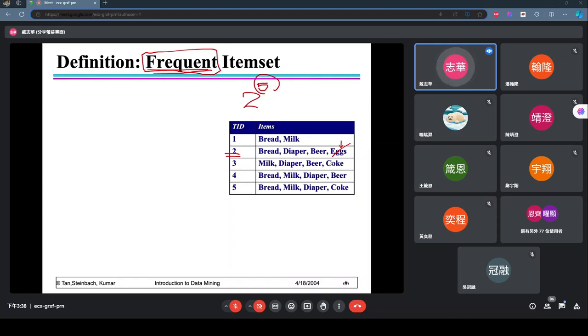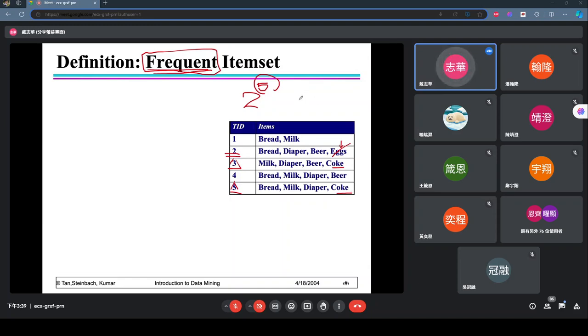And if we have 5 customers in total and only two are interested in Coke, we could also ignore Coke, because it's less than 50. I'm not interested in the behavior of a small group of customers, so we could ignore it.